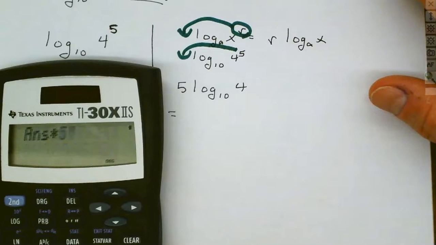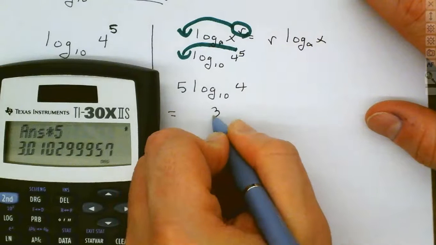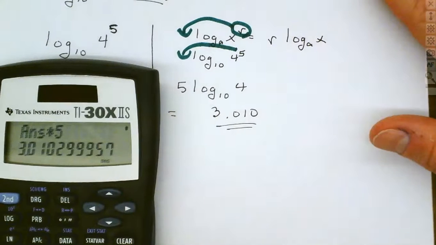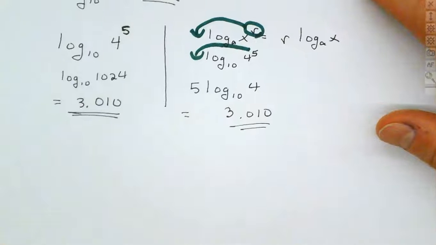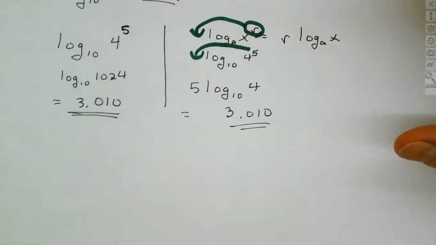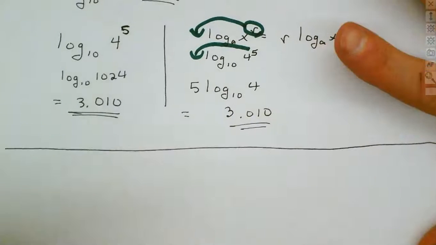Multiply that by 5, and see it gives you the same 3.010. It's the same, right? Now, why is that helpful? Well, in some cases, like the next one, you're going to have a decimal. And it's much easier to just bring the power down than to deal with it any other way.